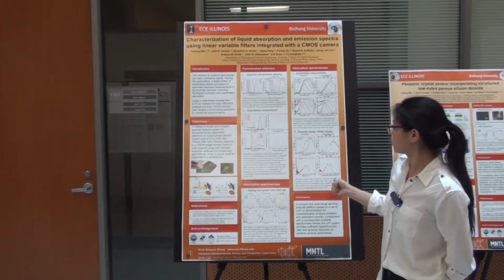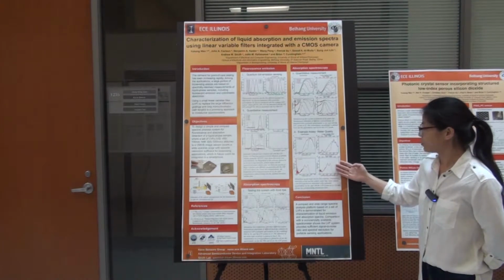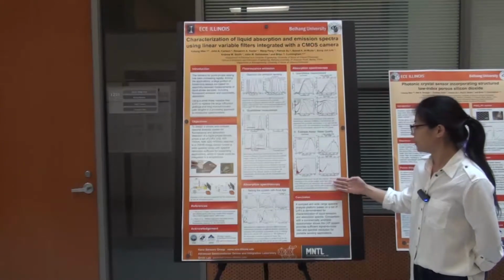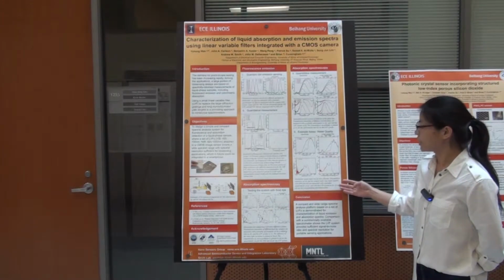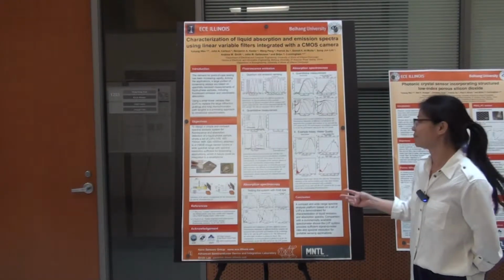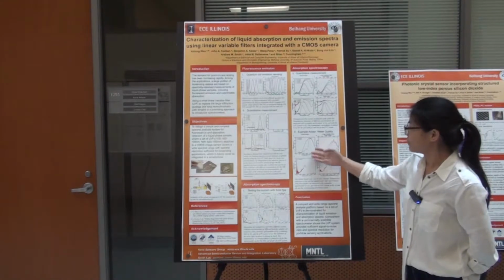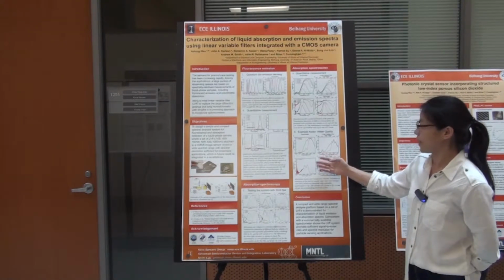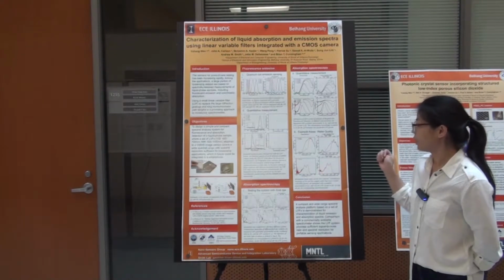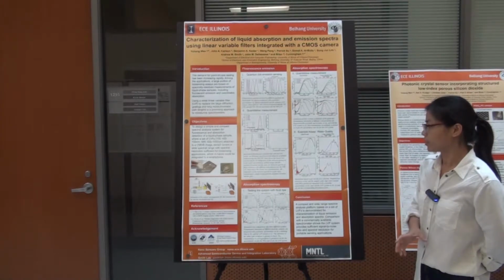For a real application, we tried to test water quality. We measured the free chlorine in tap water in Havana City, and you can see from the results that in comparison with a commercially available spectrometer, our compact system has very good and similar results, which agrees well with the commercially available spectrometers.